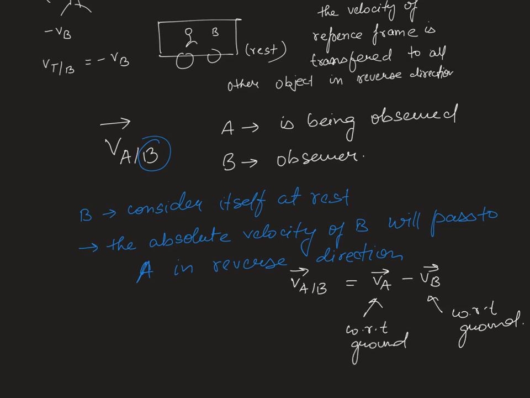And B is the observer. I cannot stress it enough: B is the observer, and the velocity of B is subtracted from the velocity of A. That is a simple rule of relative velocities.